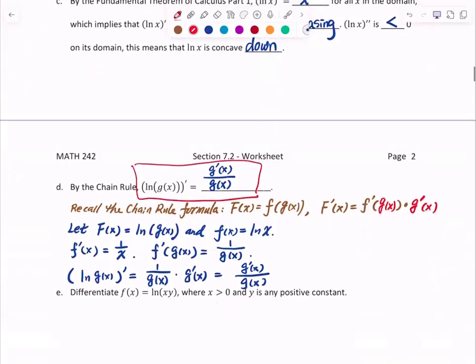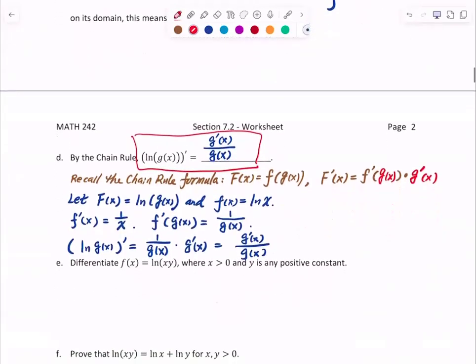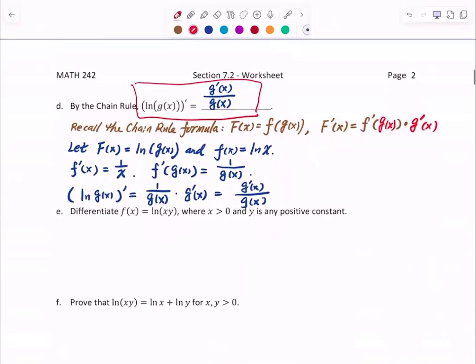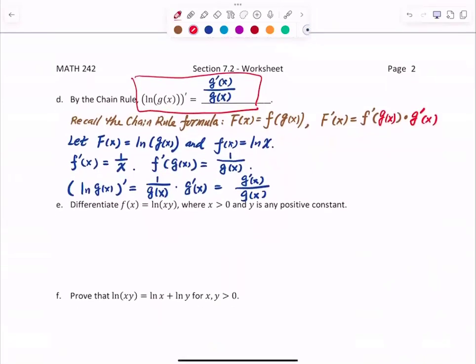Okay, so let's do one more example here. We practice this formula right away, for something simple. Let's differentiate the function ln of xy, where x is positive. Let's first assume y is a positive constant, because it connects with the next part.